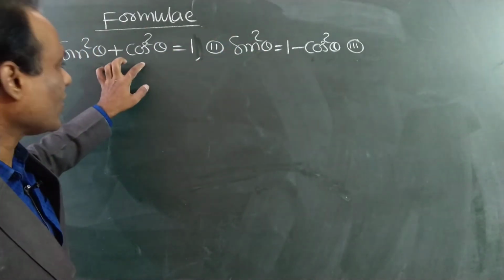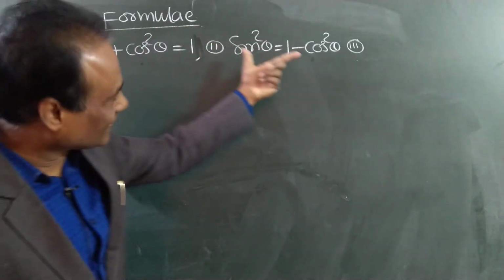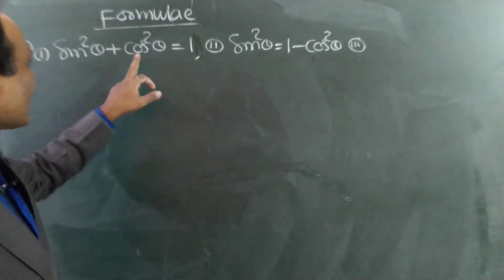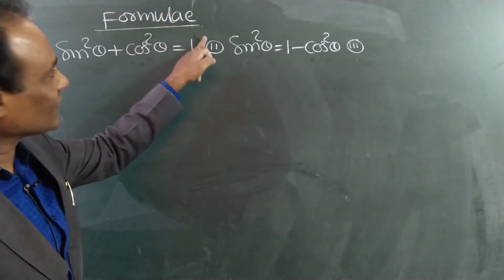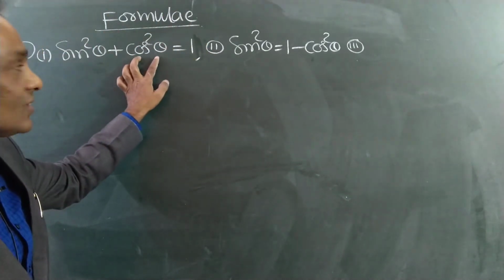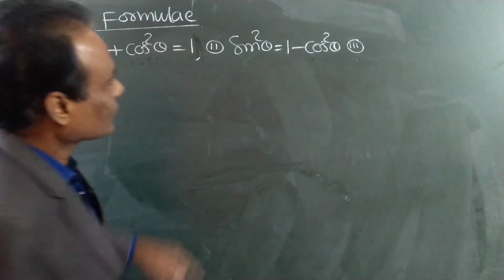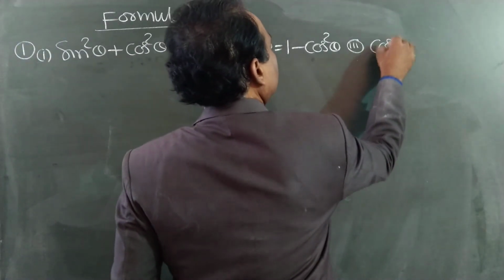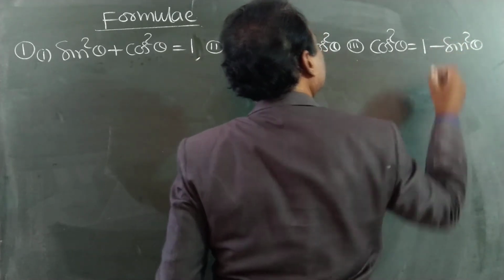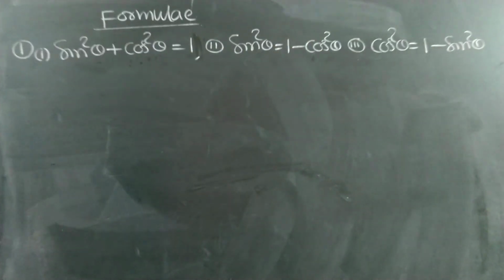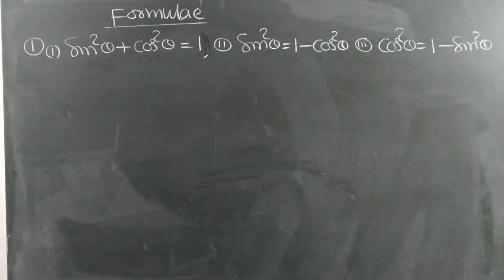You have to remember this formula like this also. Same way, another way also, cos square is equal to what? Cos square is equal to 1 minus sin square. Three ways, same formula in two more ways.